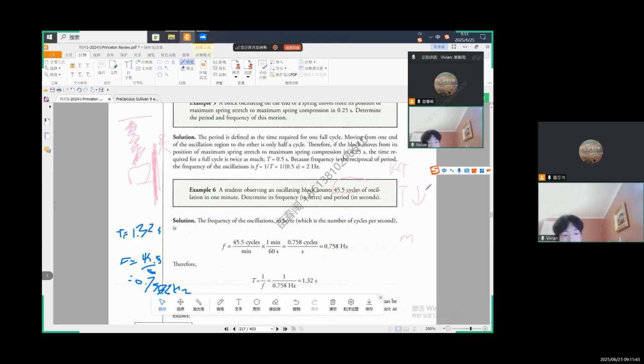So they are probably inversely proportional. So we probably have M in the numerator and K in the denominator. Does that make sense?